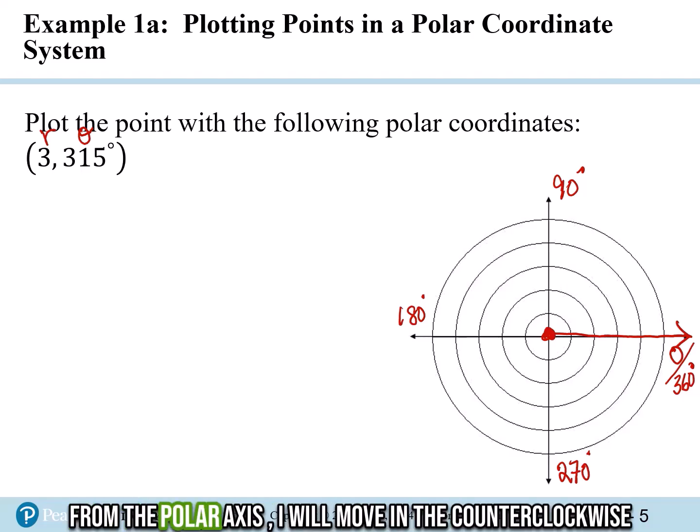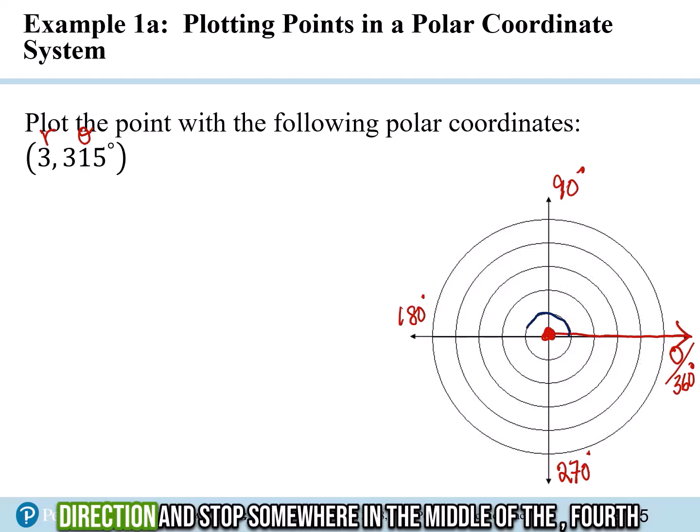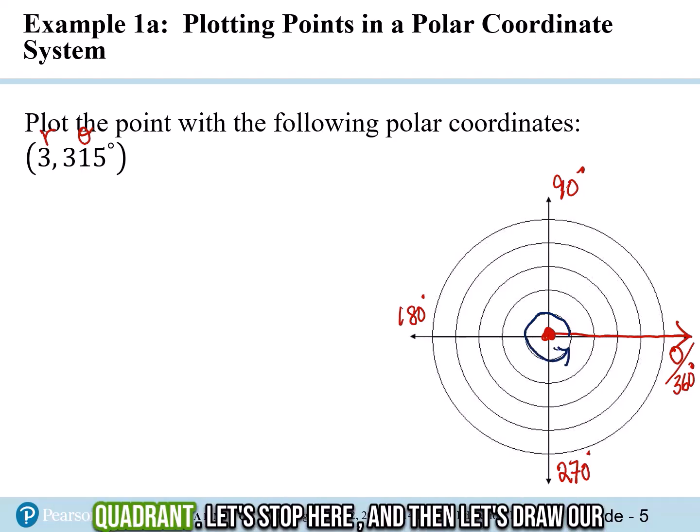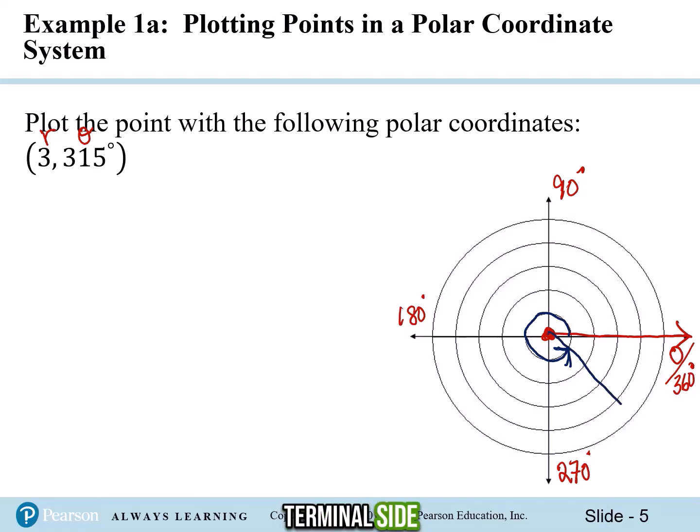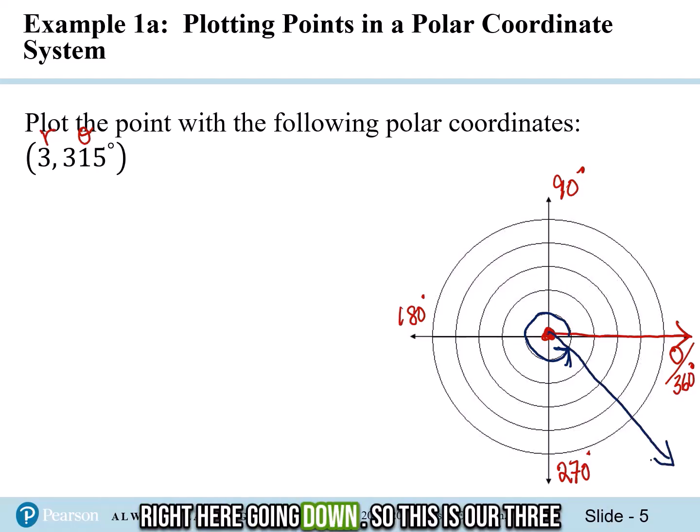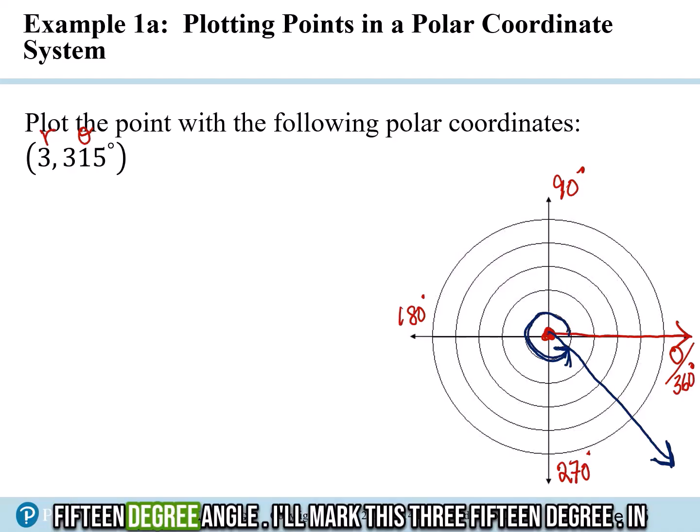Therefore, from the polar axis, I will move in the counterclockwise direction and stop somewhere in the middle of the fourth quadrant. Let's stop here, and then let's draw our terminal side right here going down. So this is our 315-degree angle. I'll mark this 315 degree.